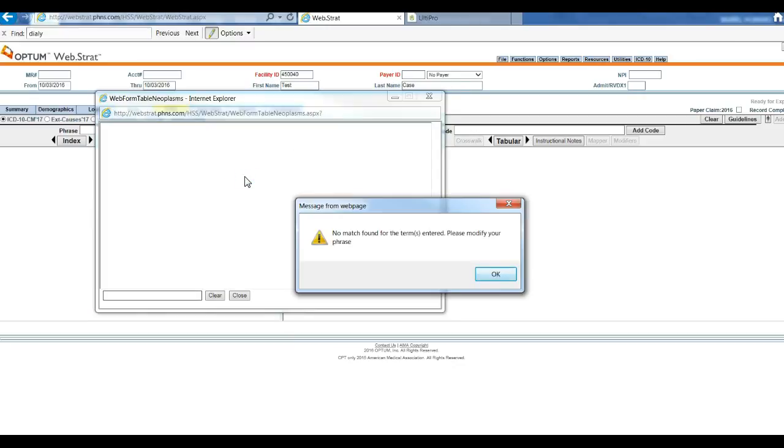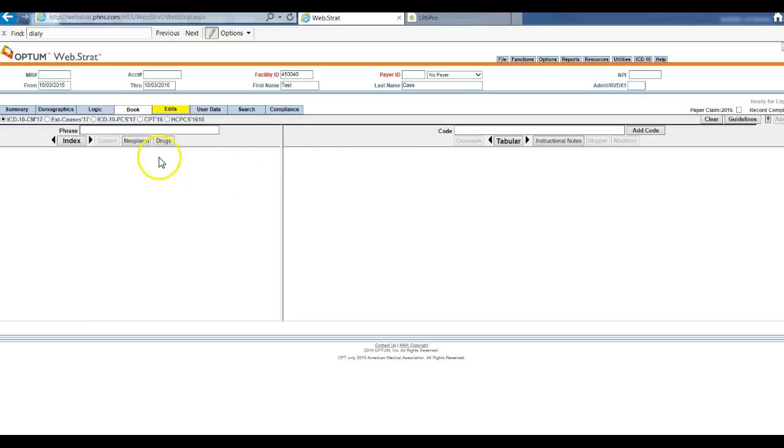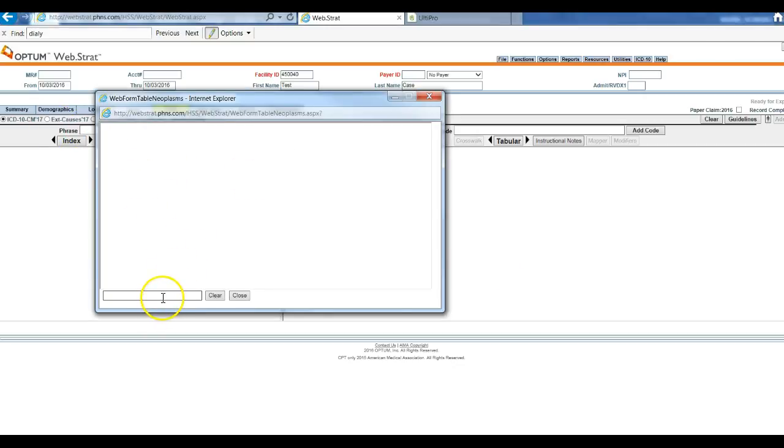However, the table is divided in alphabetic order by body part. So let me put here vocal cord.